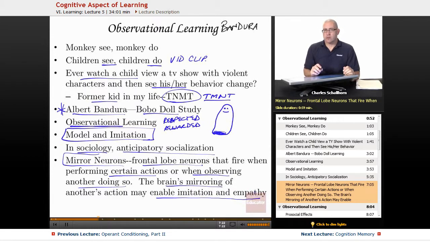If you've ever watched one of those YouTube skateboard videos where someone tries to ride down a rail and falls and lands right in their crotch, and you go, oh, and you have that physical reaction, it's the mirror neurons that help us experience that empathy toward that other person. This is a relatively new idea, mirror neurons. So in observational learning by Bandura, there is a model that does a behavior, and the imitator will try to do that behavior as well.